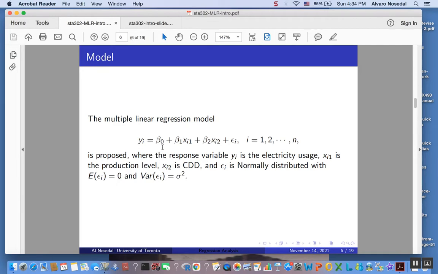But now, instead of having just two parameters like we had before, beta 0 and beta 1, now we have three parameters for this part that defines the average for the response variable, the expected value, and we have a fourth parameter, sigma square.